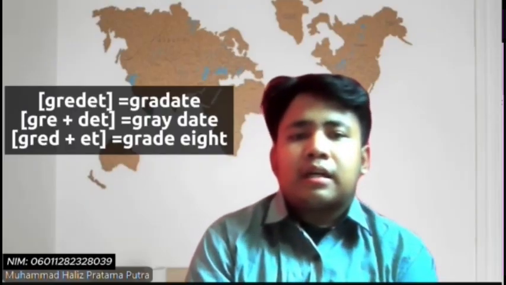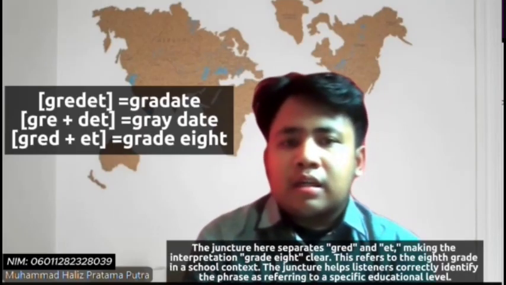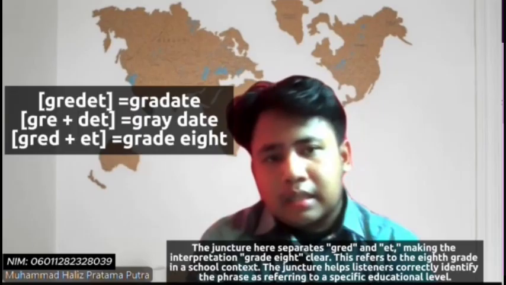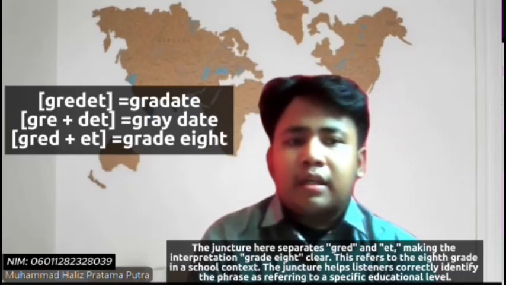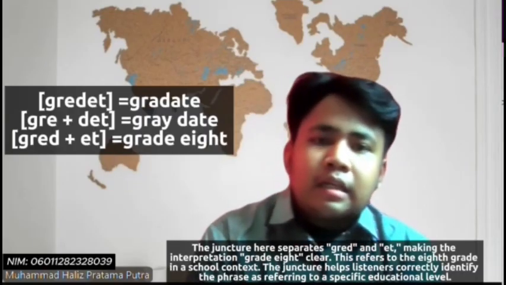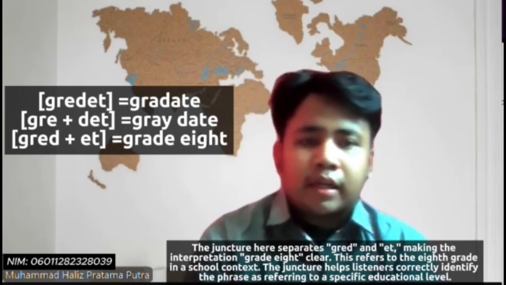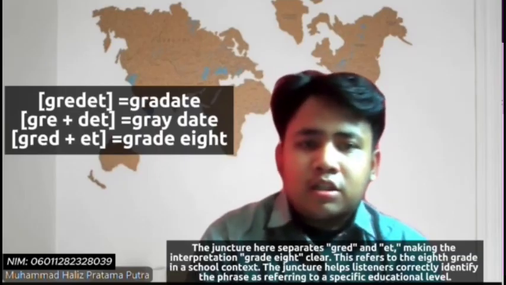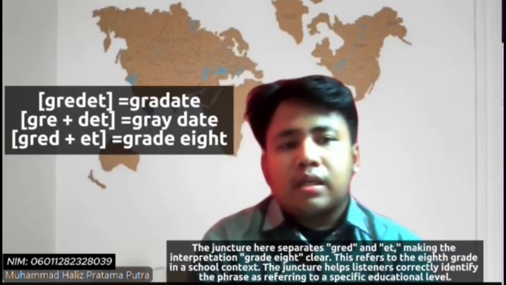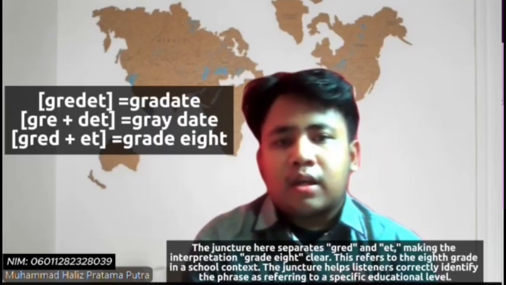Next, "grade 8." The juncture here separates "grade" and "8," making the interpretation "grade 8" clear. This refers to the 8th grade in school context. The juncture helps listeners correctly identify the phrase as referring to a specific educational level.